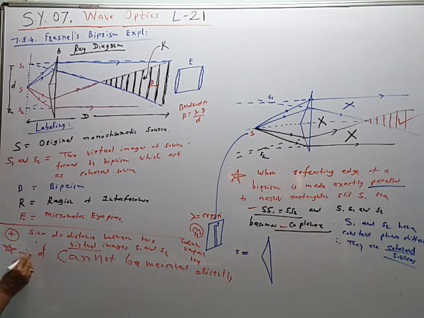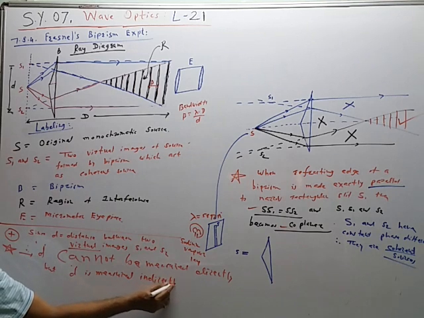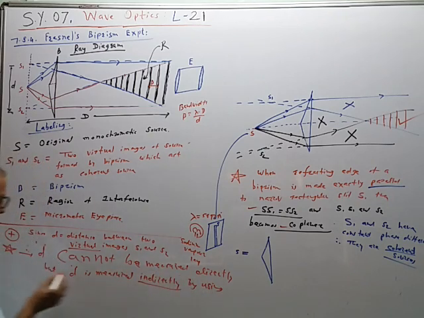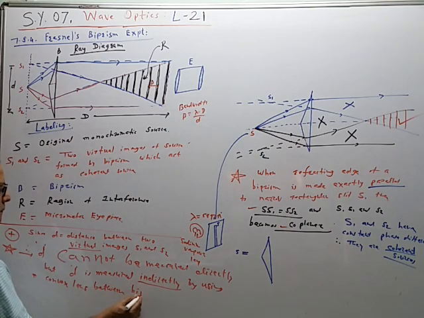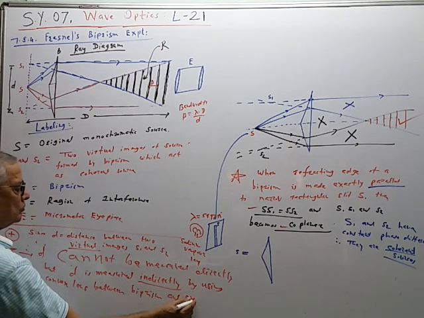This is the important point. d cannot be measured directly, but d is measured indirectly by using a convex lens, a convex lens between the biprism and the eyepiece.